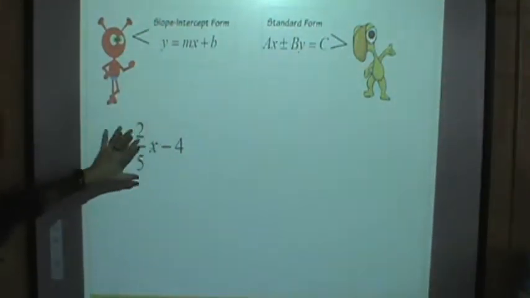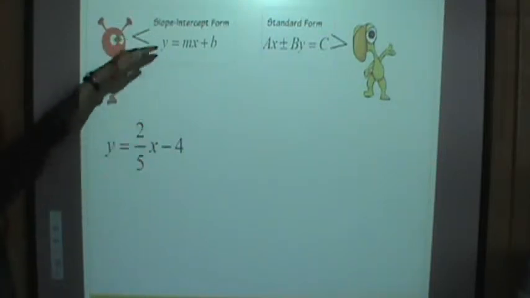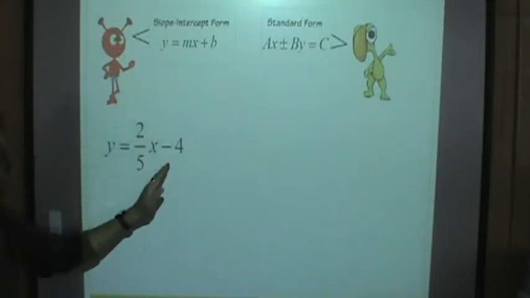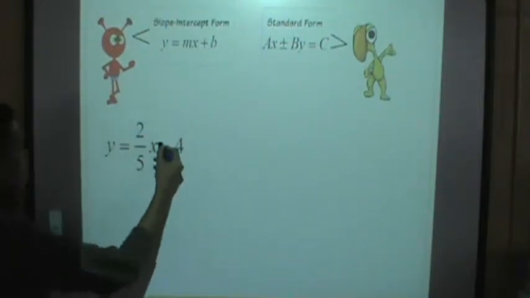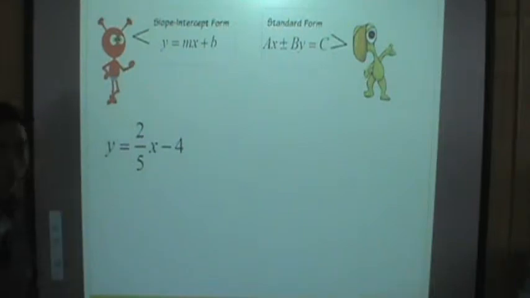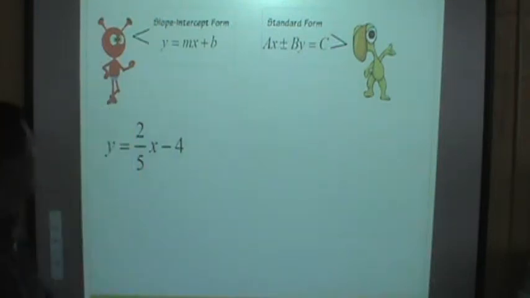So let's say, for example, here, this is in slope-intercept form. The slope is 2/5, y-intercept is -4. How are we going to change this to that form? First, we do not allow fractions if we want it to be in the standard form. So let's go ahead and get rid of the fraction. Now, how do we get rid of the fraction?